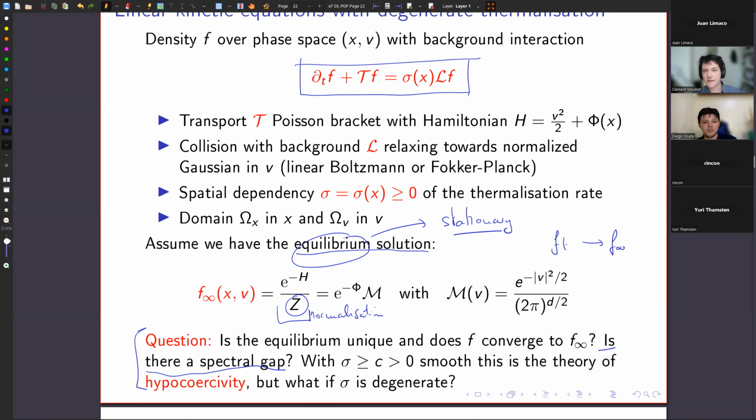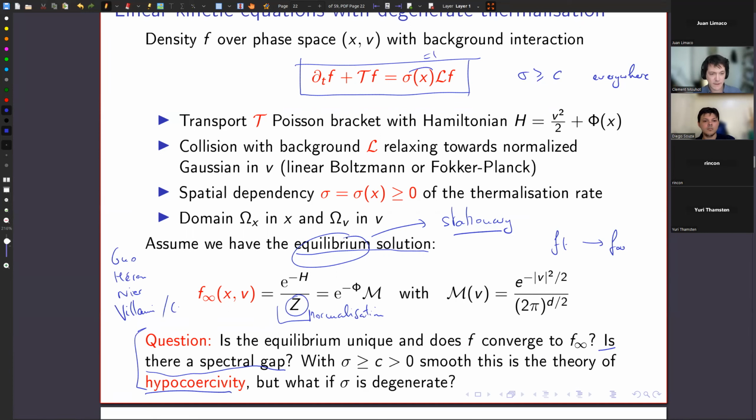When sigma is, let's say, 1 or is bounded below everywhere, this question was solved in a quantitative way by the theory of so-called hypocoercivity, by the combined effort of many people: Guo, Hérau, Nier, Villani. I'm trying to respect more or less a chronological order.